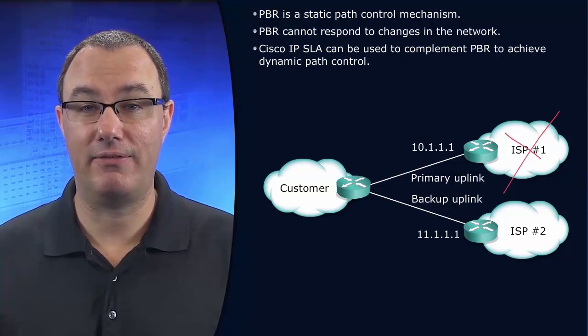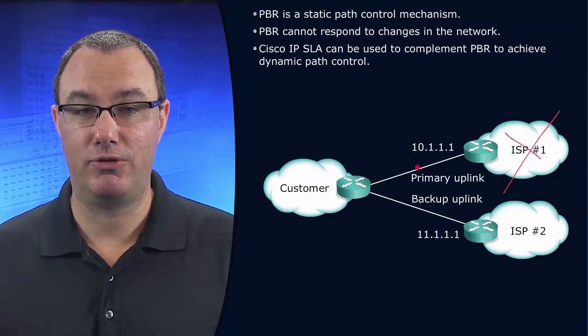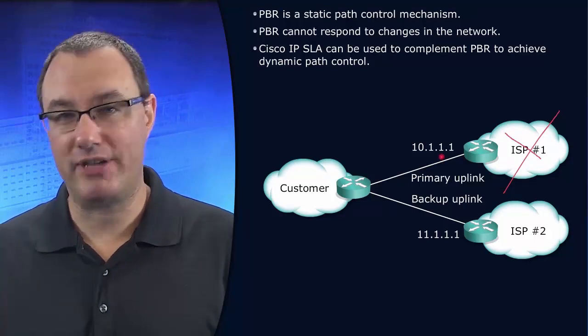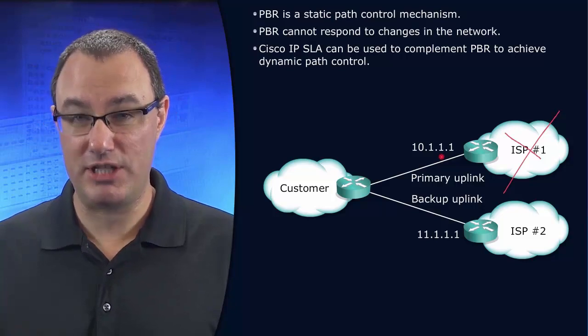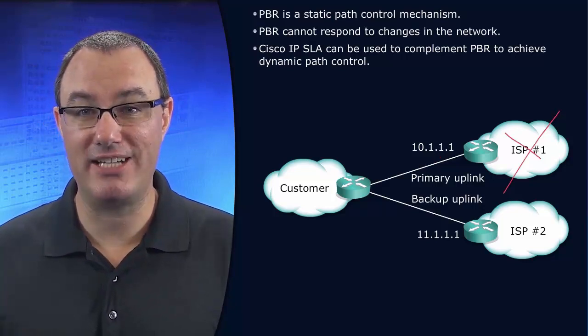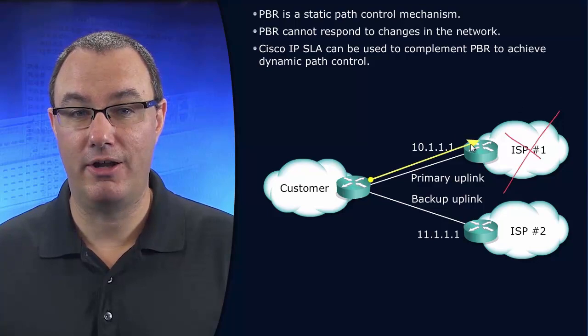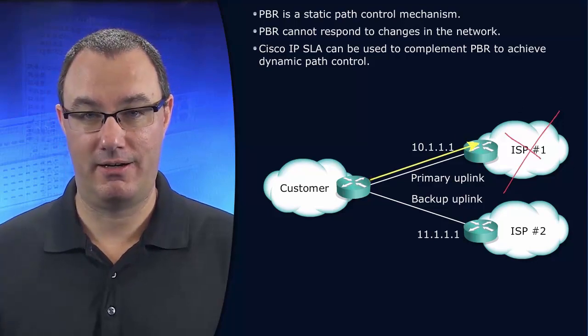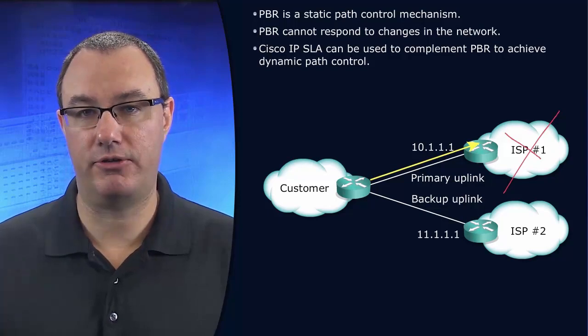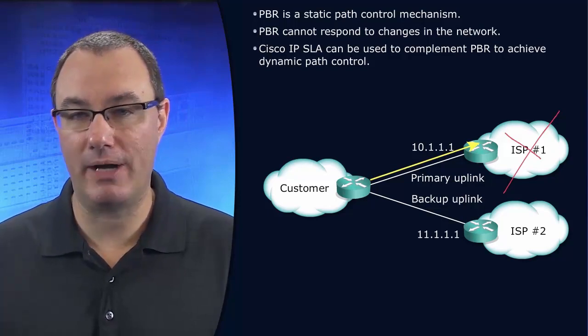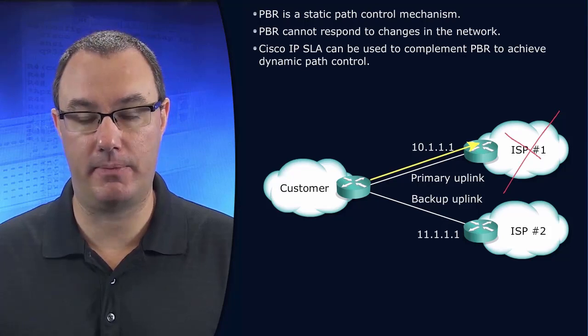But I still have connectivity to ISP1. If I have static routing or policy-based routing set traditionally, I am going to continue to route traffic through the primary.